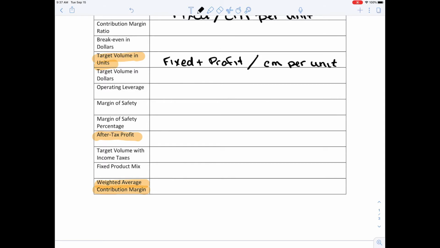So we need to know what kind of income do we need to make to earn a certain profit after tax. So to get that income, you're going to take your profit and divide this by 1 minus that tax rate. So hopefully those are helpful to you.